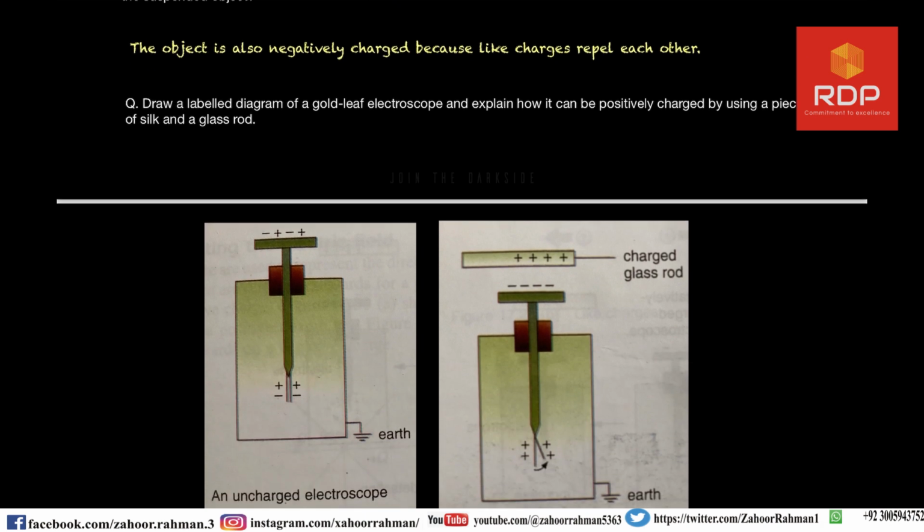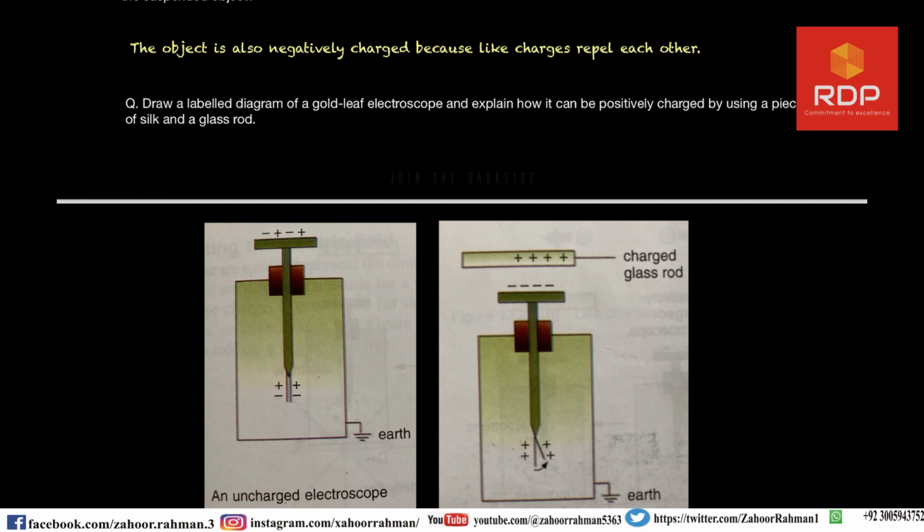Now let us talk about question number 3. Question number 3 is saying draw a labelled diagram of a gold leaf electroscope and explain how it can be positively charged by using a piece of silk and a glass rod.